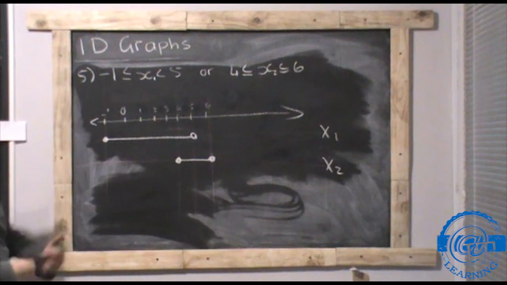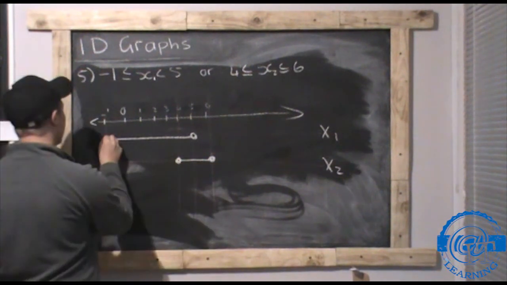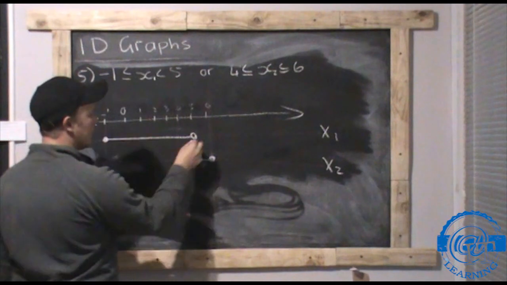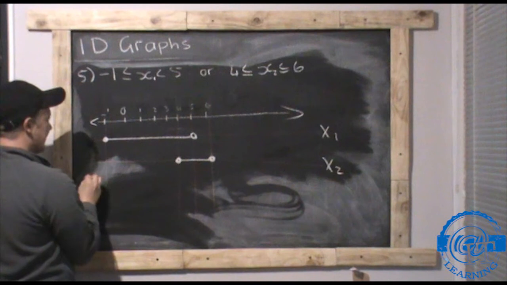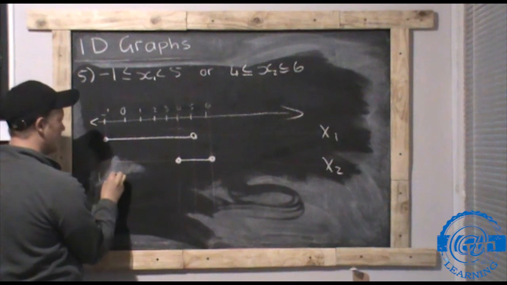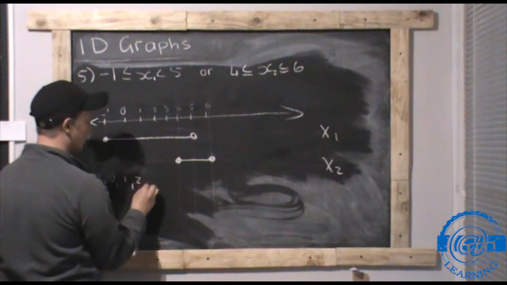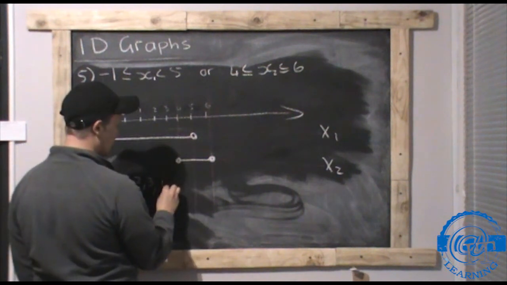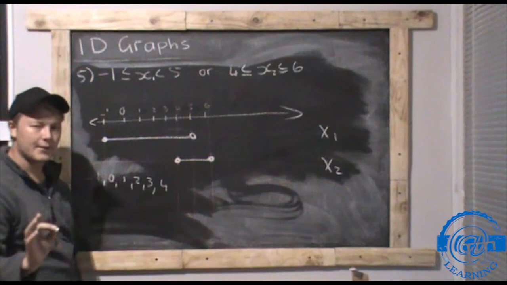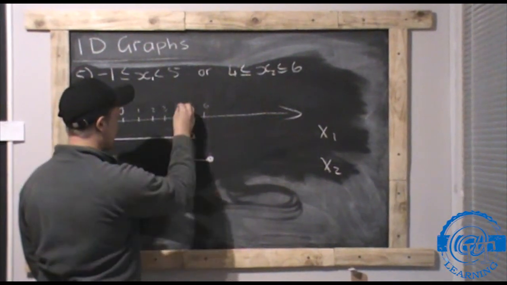Now, it's the OR operator. X can be here, or here, or here. Not here, but it is here, so it's allowed to be. So it's allowed to be at minus 1, 0, 1, 2, 3. It's allowed to be at 4. It's not allowed at 5, but look now, it's allowed at 4.